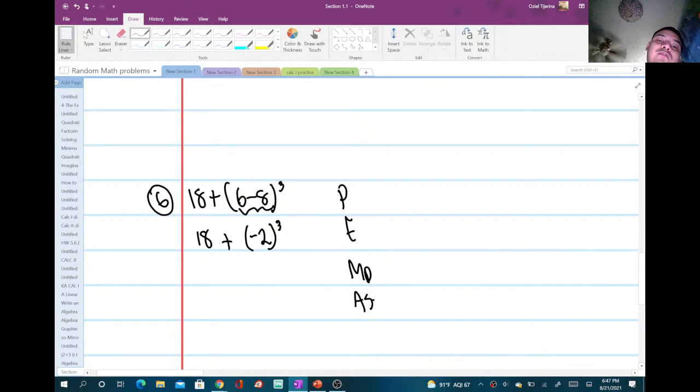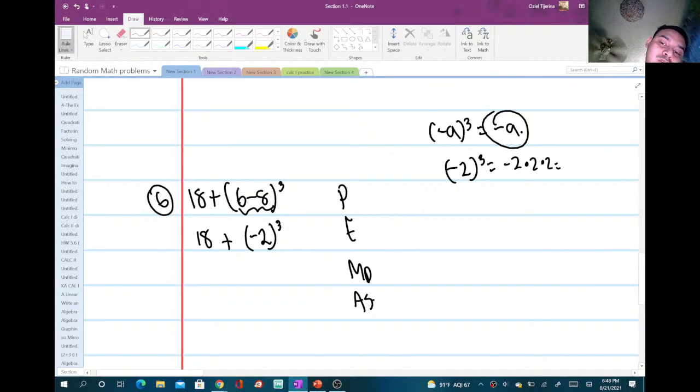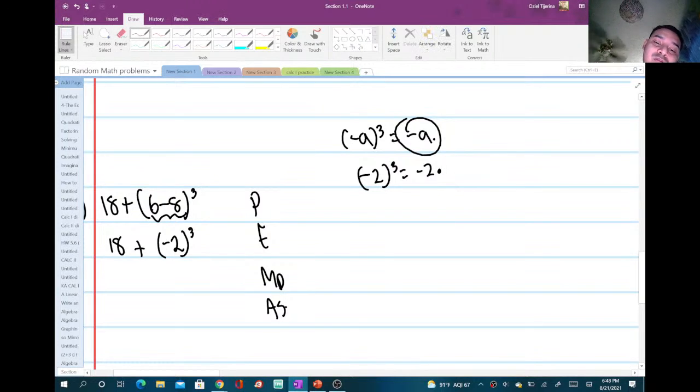And we know that negative 2 cubed, if we say, for example, negative a cubed, this is really negative a cubed, okay? So that means if a is equal to 2, or if we really want to work out what negative 2 cubed is, we can say this is negative 2 times negative 2 times negative 2, which is really just 4 times negative 2, which is really just negative 8.